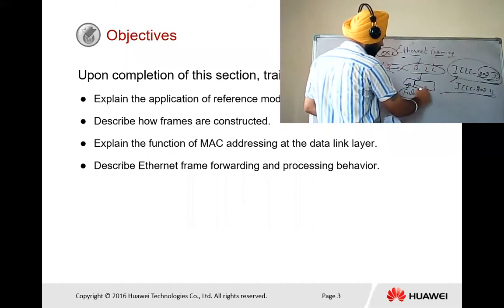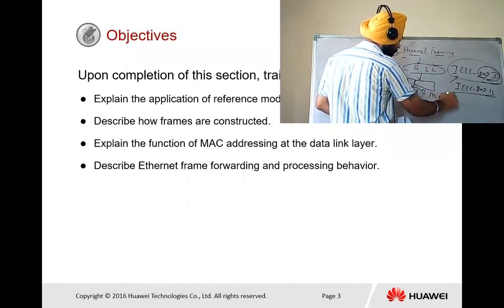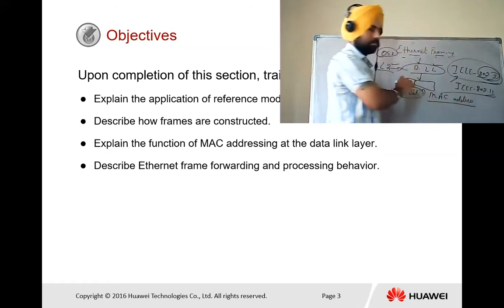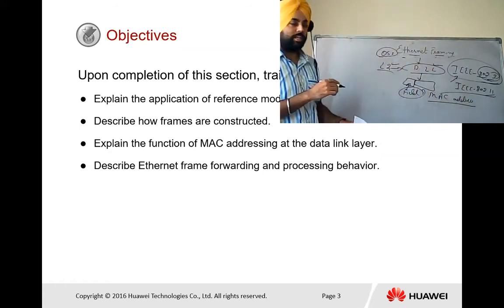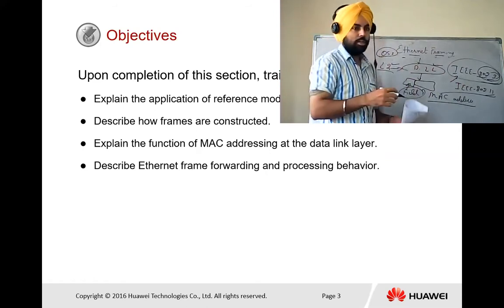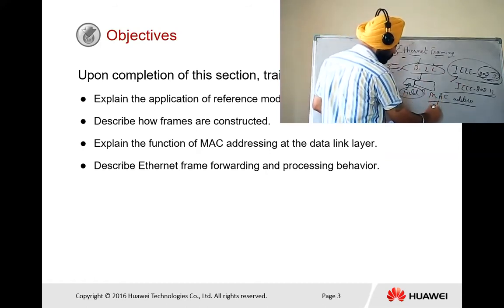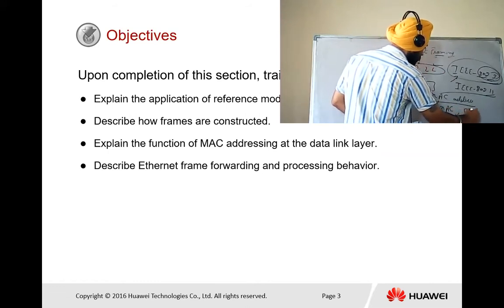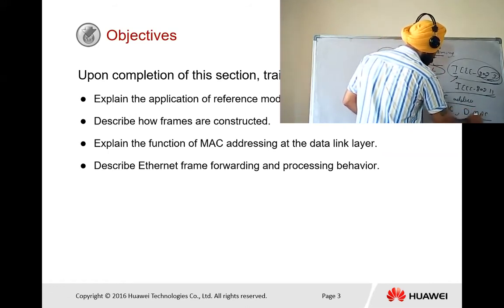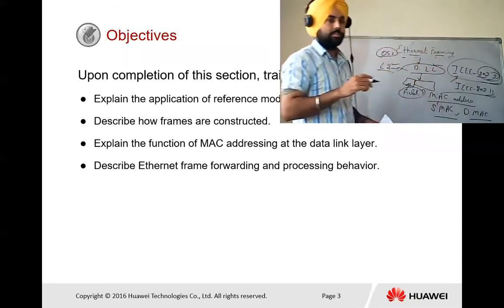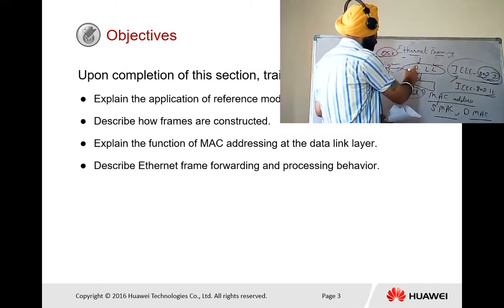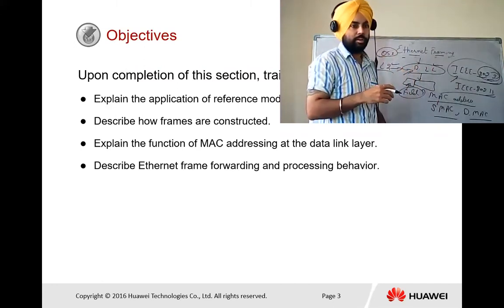That field contains the MAC address, the source MAC address as well as the destination MAC address. These two types of MAC address are contained in the data link layer frame.